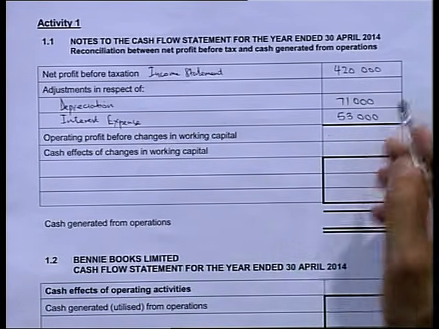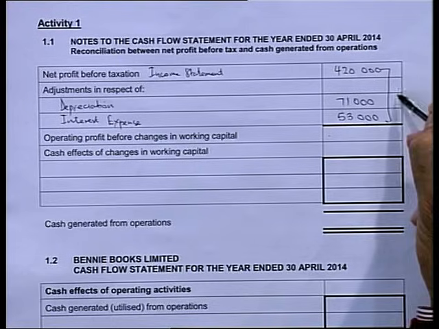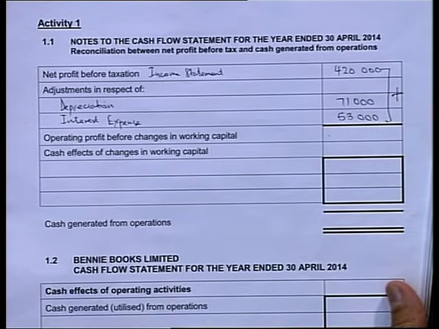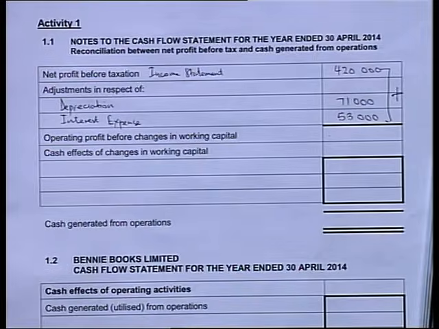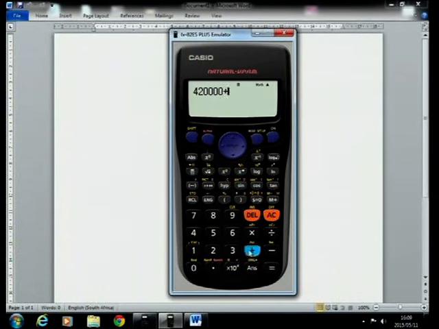Then the next line will just be the sum of those three figures together. Right, so on the calculator, it's 420,000 plus 71,000 plus 53,000. And that gives you 544,000.